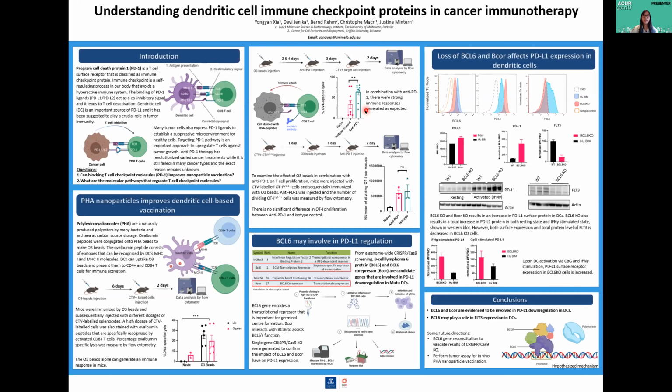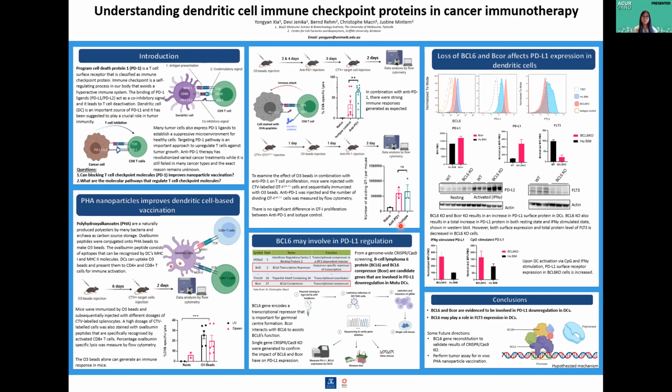And then we want to know if this has an effect on T cell proliferation, since more T cells will be activated, so maybe T cells will proliferate more. In this experiment, we also have two groups, but because of the time, I will briefly just describe the result without talking about the detail of the methodology.